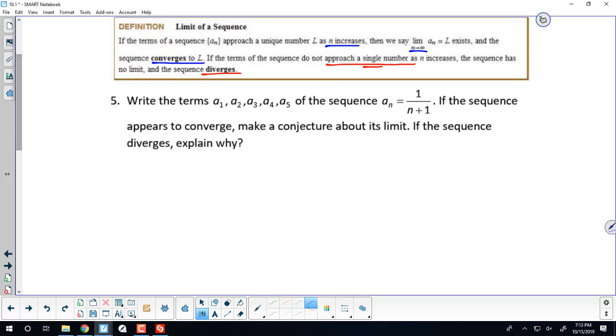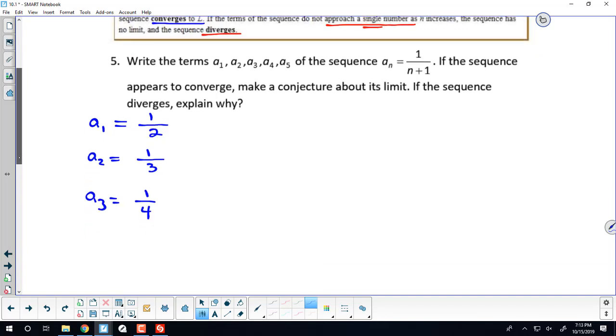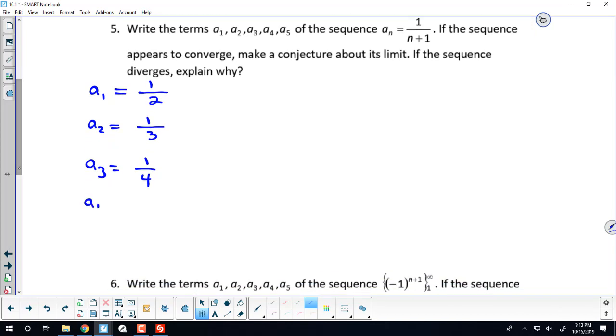But nonetheless, the first term, a sub 1, is 1 over 1 plus 1. The second term is 1 over 2 plus 1. Third term, and so forth. Fourth term, 1 over 5.